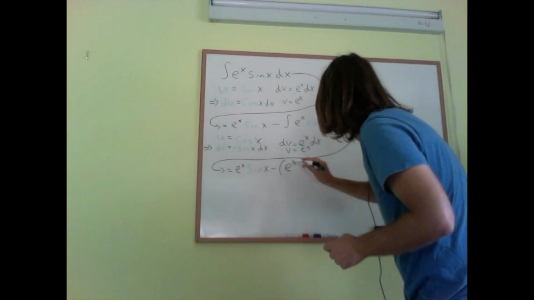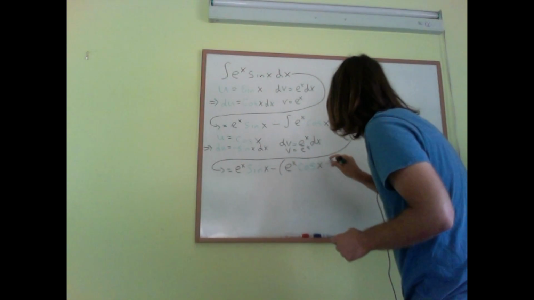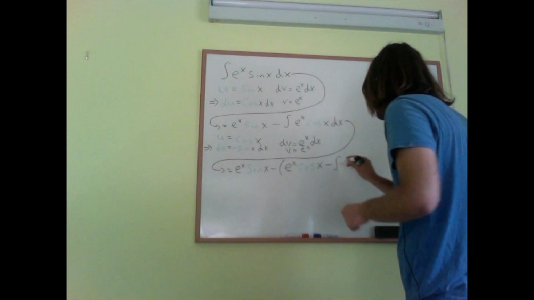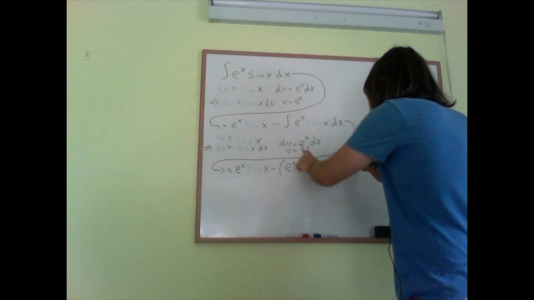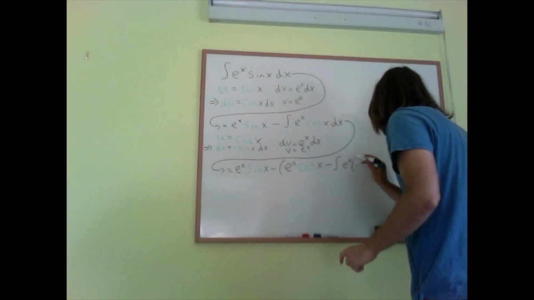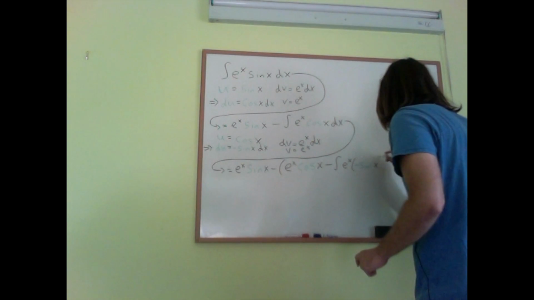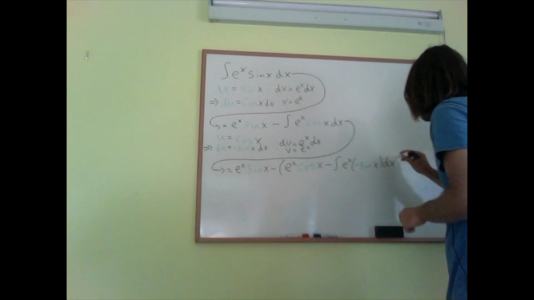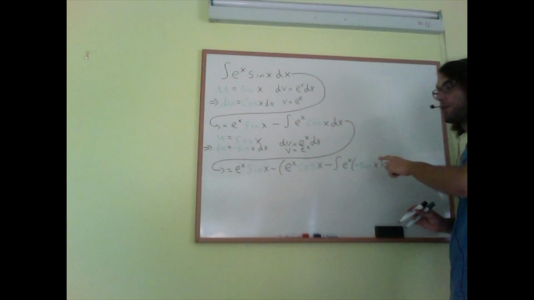So that's going to be e to the x cosine of x minus v du. Let's put the dx out here.